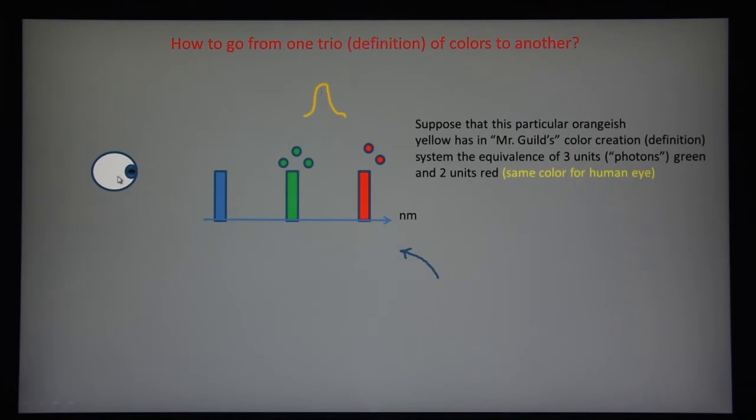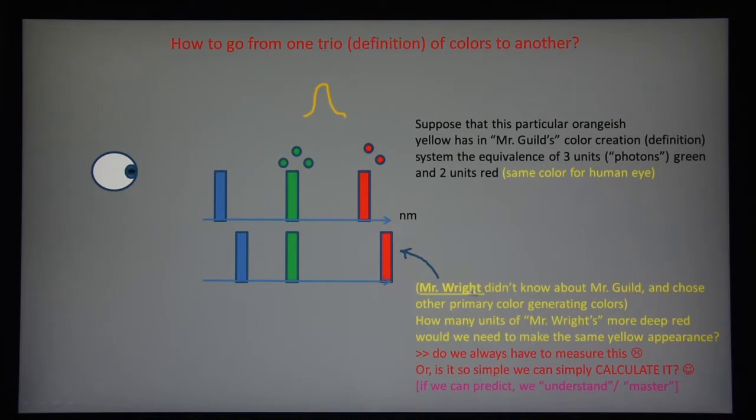And we measure in Mr. Guild's universe and truth how much, but only with his primaries, photons you should make, and the intensity of the lamps to give the eye the same impression, fool it, with these three primaries as it would have from the real spectrum of the real object. Now, let's say you need 3 green photons and 2 red photons.